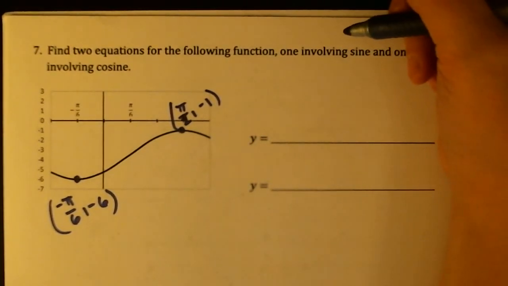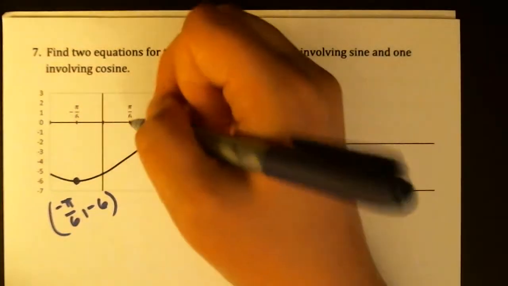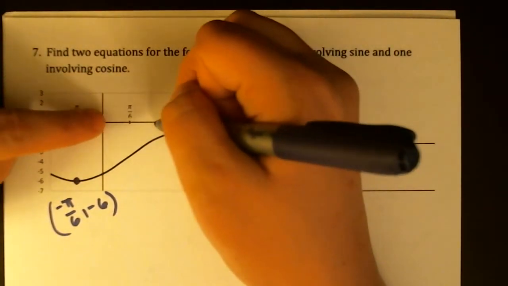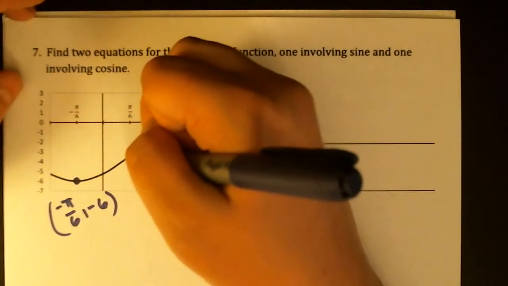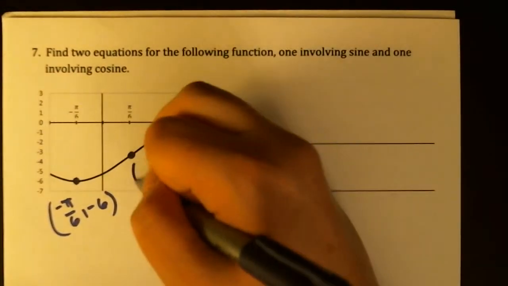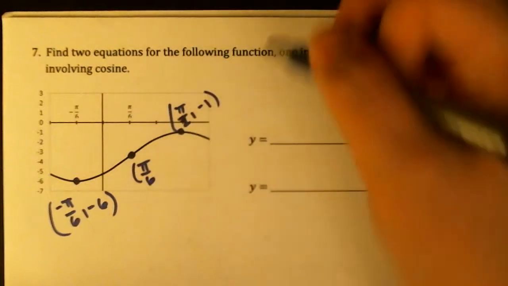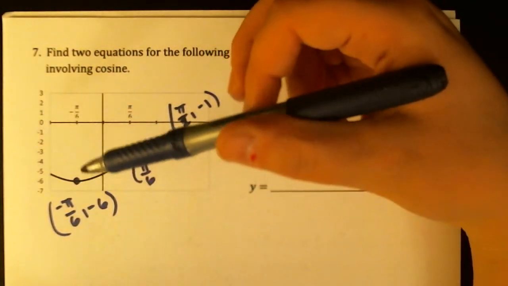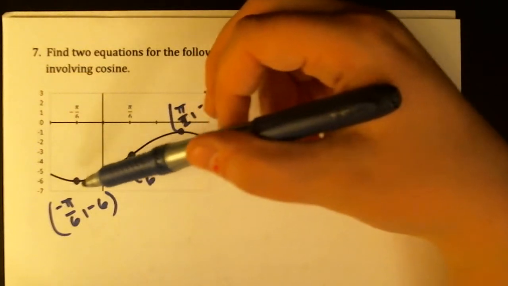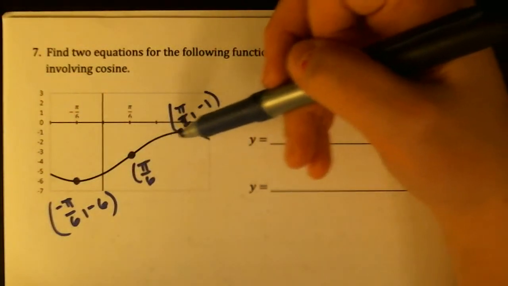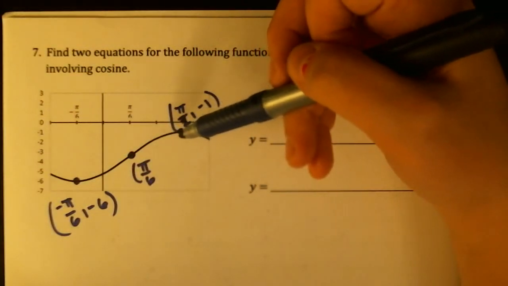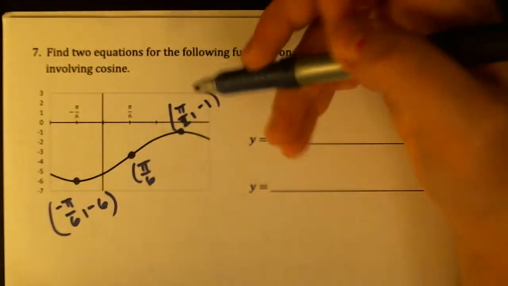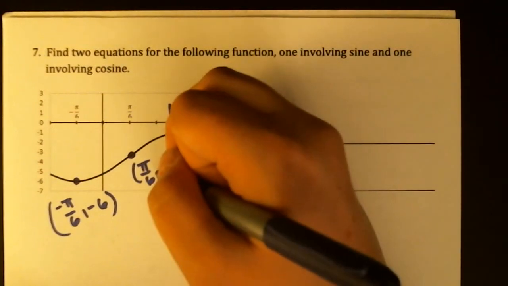We could figure out equilibrium from that if we wanted to. It should be right in the middle, so it should be at this, in 2 tick marks at the pi over 6. Okay, so that's not bad info. And we can also figure out the y value of our equilibrium point by saying, okay, if the bottom's at negative 6 and the top's at negative 1, that's a total height of 5, which means the amplitude is 2.5.